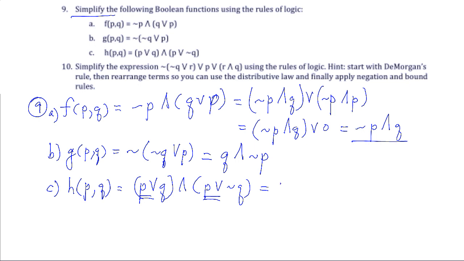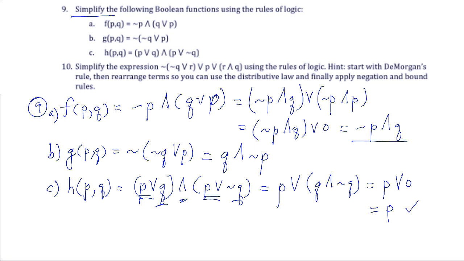And so I'm going to have P or, and now I'm going to do the Q, Q and not Q. And again, I get a contradiction here, P or a 0. And now in the same way as in part A, anything ORed with a 0 is itself. So there's the simplification of part C. It simplifies down to just P. Okay?